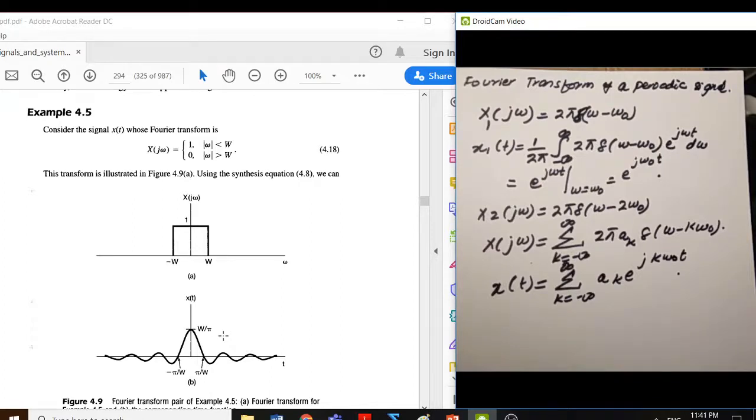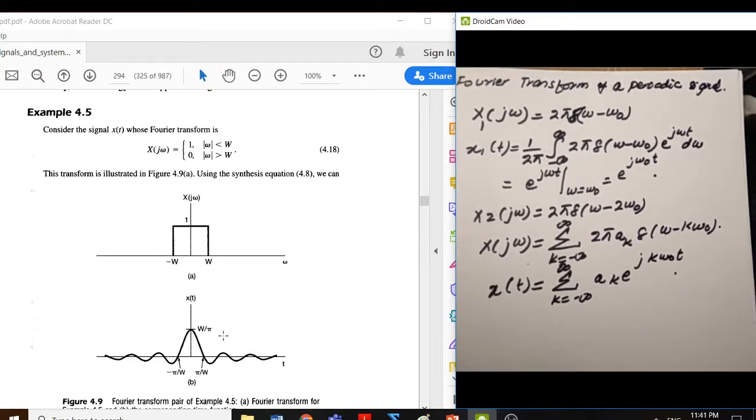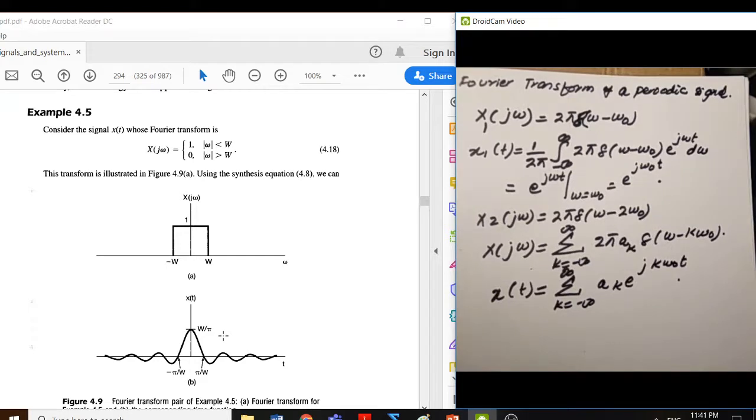Let's apply this to an example and see how we can determine the Fourier transform of a periodic signal given the Fourier series coefficients.